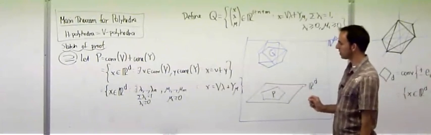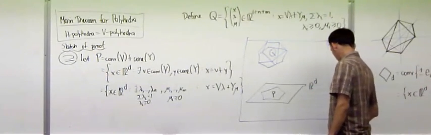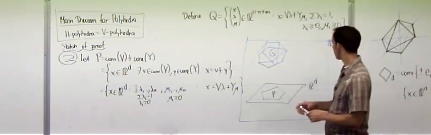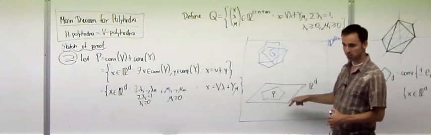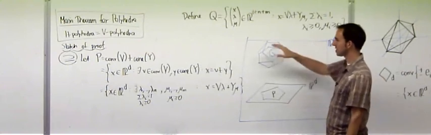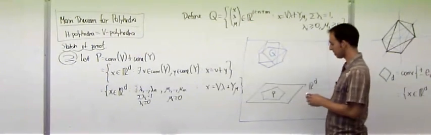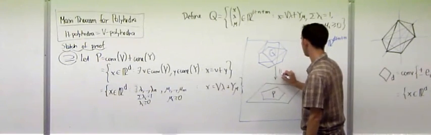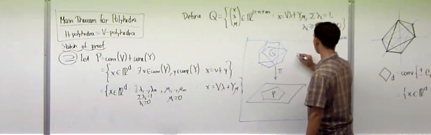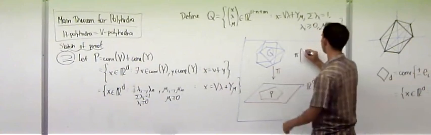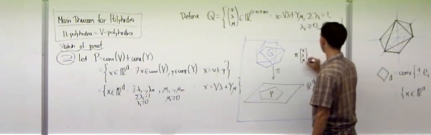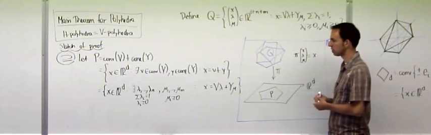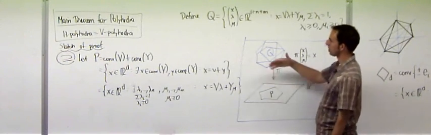But what I want to point out to you is that if we consider the projection of the big space into the small space that forgets the last m plus n coordinates, I'm saying consider the projection map that maps x, lambda, and mu to x. Where does Q go?